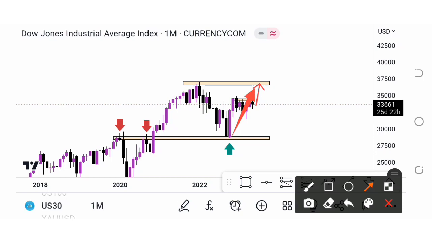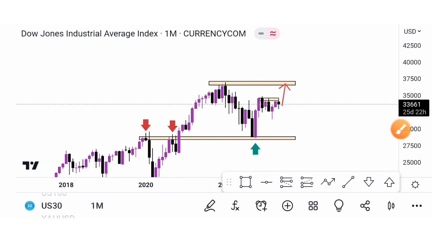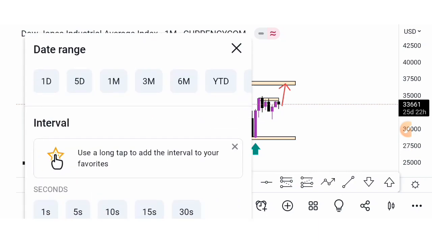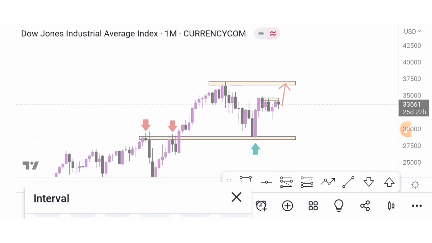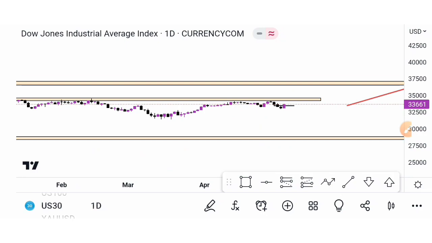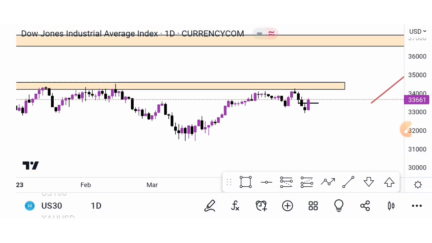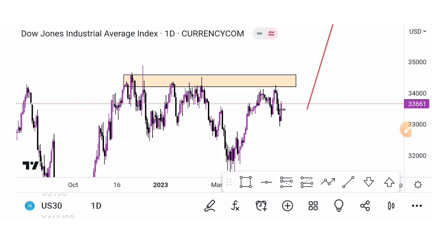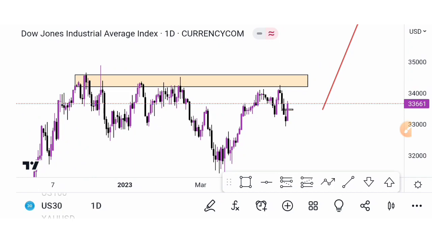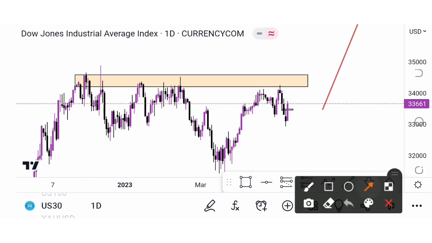And so my anticipation, since the dollar is going to go up and we know US30 is positively correlated with the dollar, is that we are going to continue going bullish on this pair. If I was trading this pair, I would obviously go to a smaller time frame to see how I would enter for those buys. And if you notice, we do have resistance over here that was created by this pair.